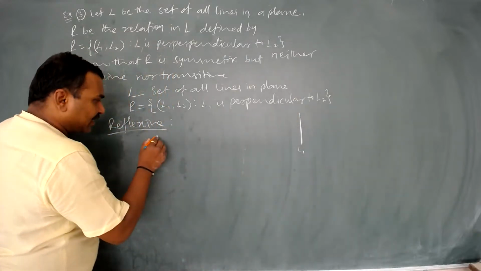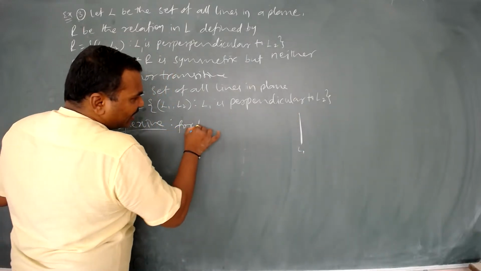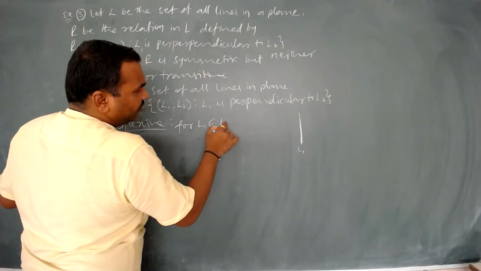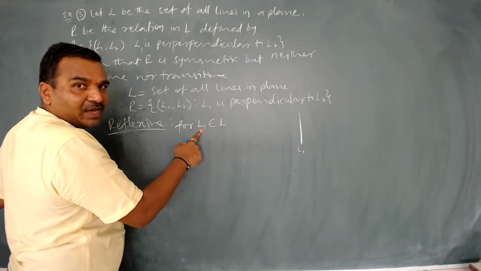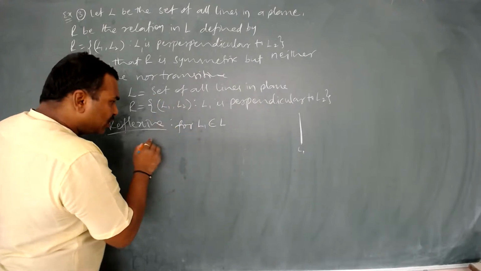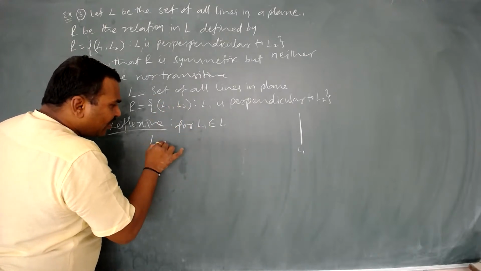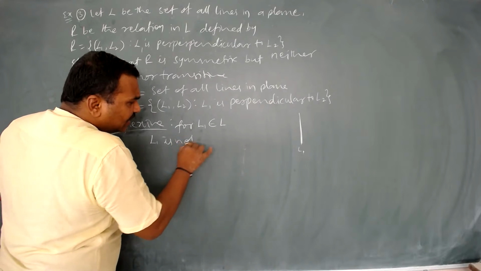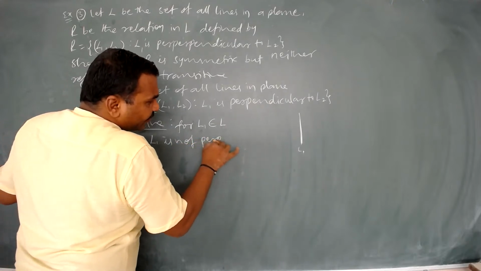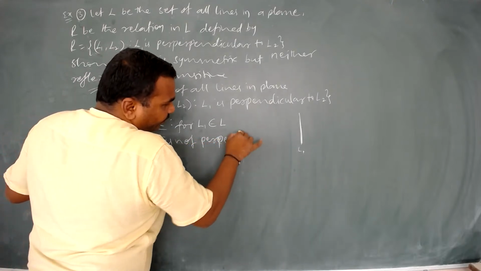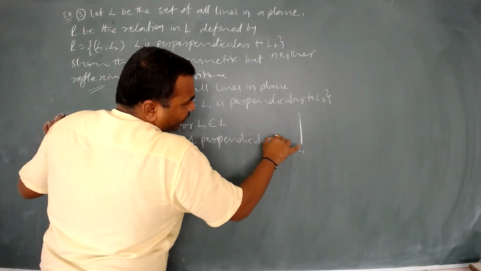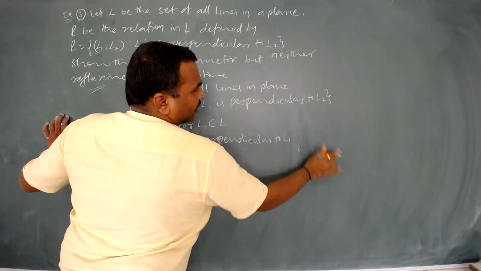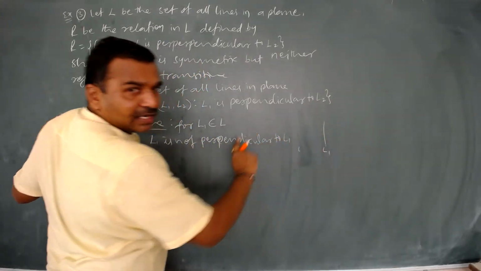So that's why I am writing this. For L1 belongs to L. In L, what are there? Lines. All lines are there. In that, I am taking one line, L1 is any line. So we can say L1 is not perpendicular to L1. Correct? A line cannot be perpendicular to itself.